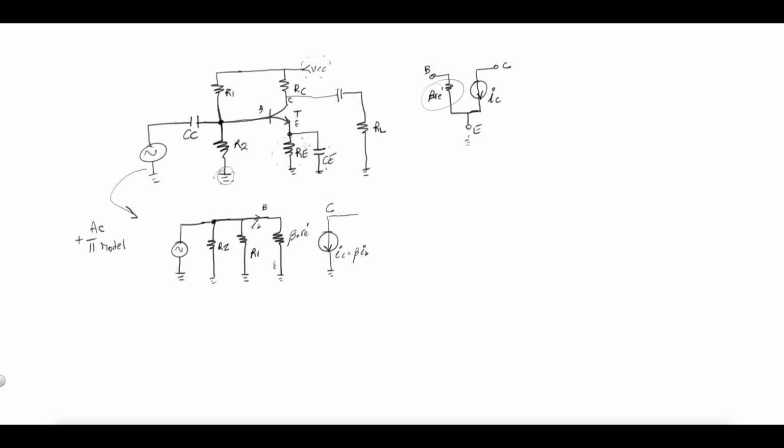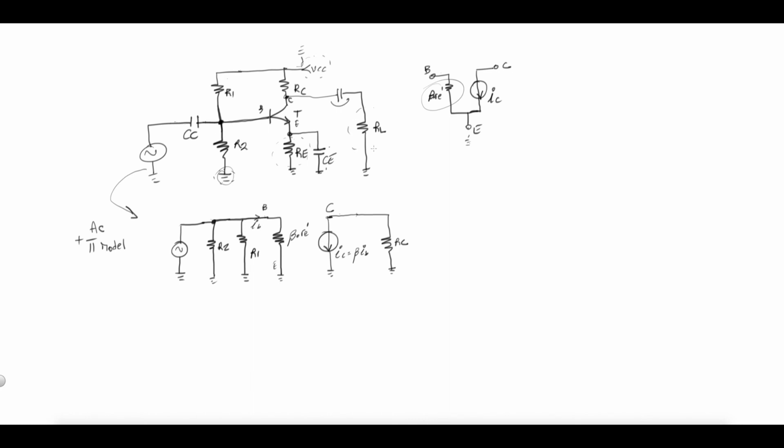What else? Well, from the collector, this point right here, and remember this is ground in AC, that takes RC to be in parallel with that current supply. So this would be RC. Remember this capacitor here is a coupling capacitor to the next stage.